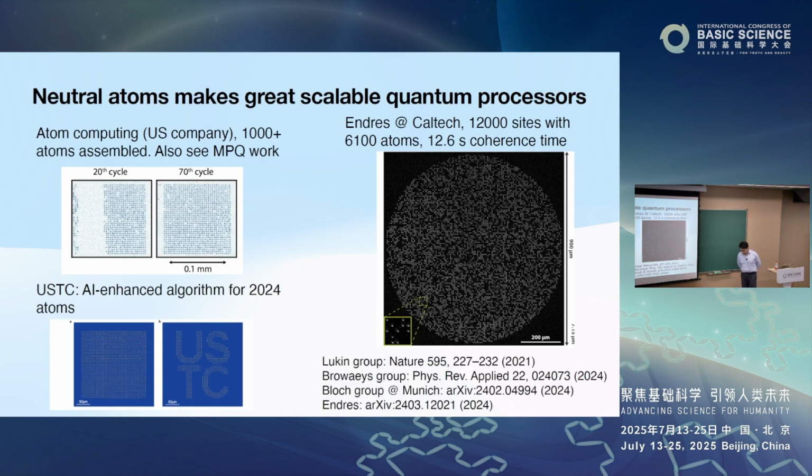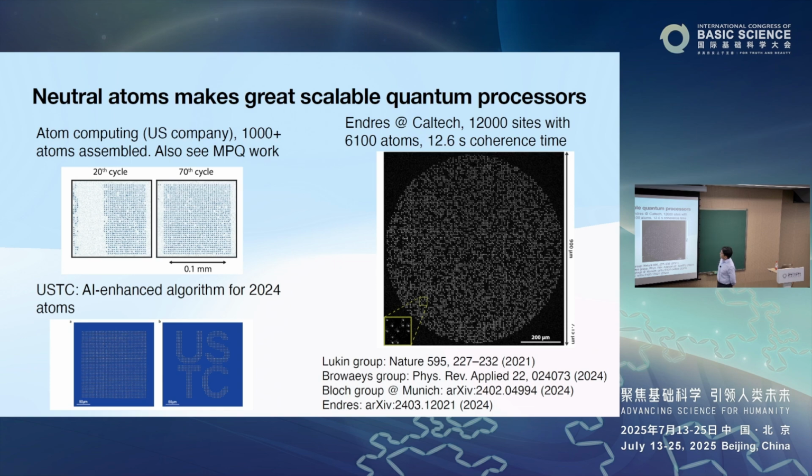So in terms of quantum computing, it is a field with rapid progress, as exemplified by several research groups around the world and also in China. So atom computing and also Max Planck and also the French group in Paris, they have assembled of the order of 1,000 atoms with optical lattices, either in room temperature or cryogenic systems.